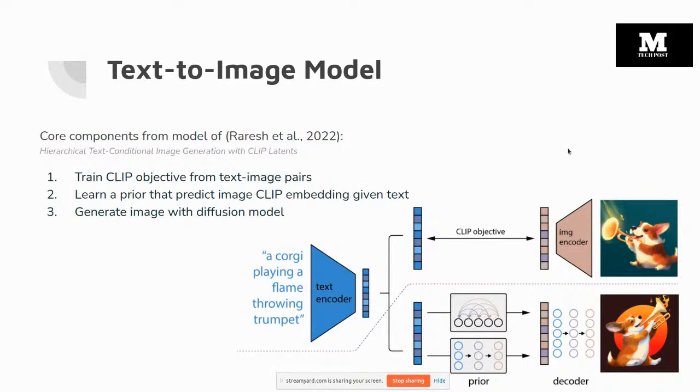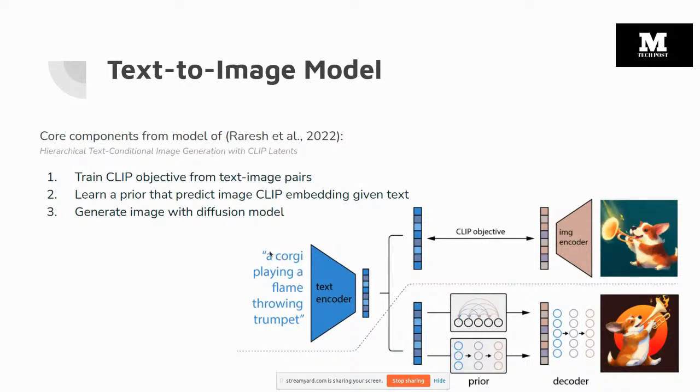Basically, this is a way to push images and text close to each other in the latent space, so that an image and a text of possible couples are close to each other, while text and images that are not related are far from each other. And then once you have built this sort of embedding, after having trained on many text image couples, you basically try to predict and generate images from this latent space.